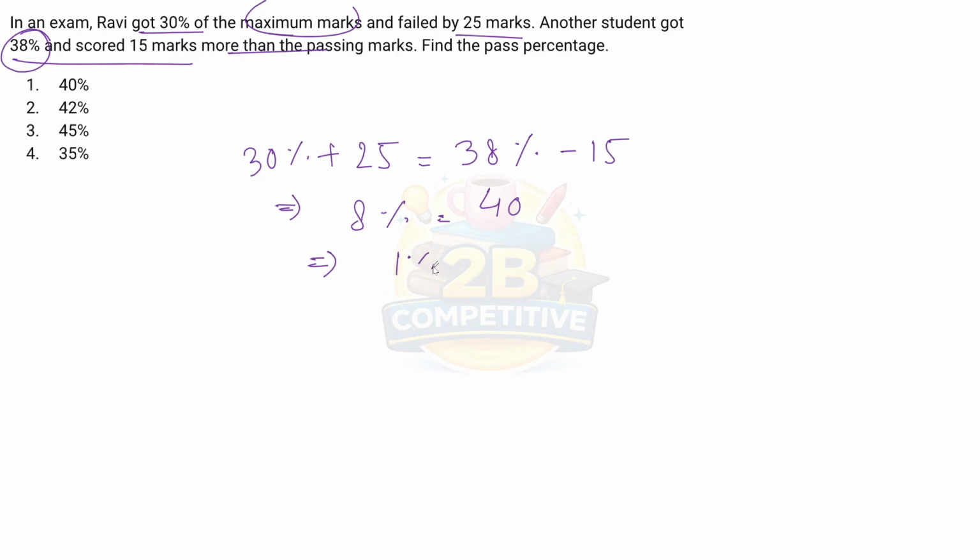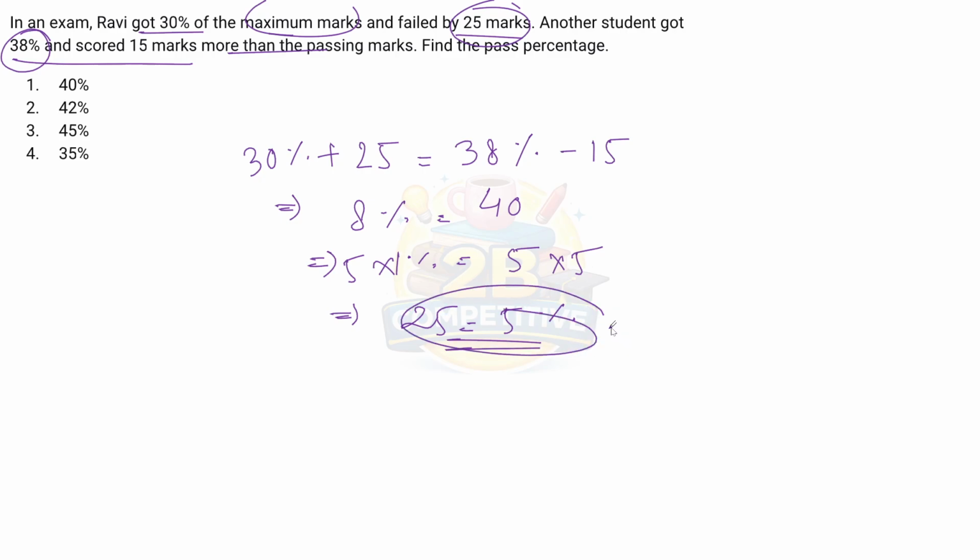So 1% is 5. Now we have to get the passing percentage. So 1%, that means 5 equals to 1%. So that means 25 equals to what? 25 equals to 5%, right? So the passing marks will be 30% plus 5%, that is 35%.